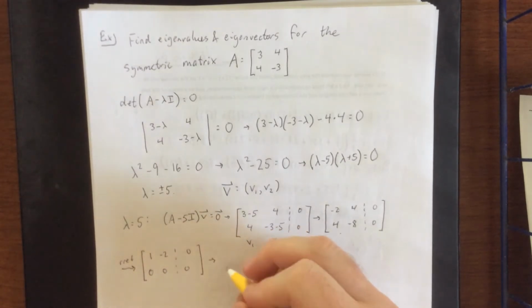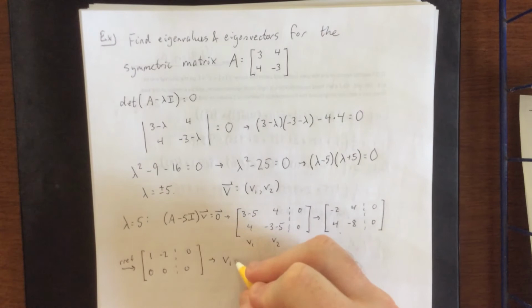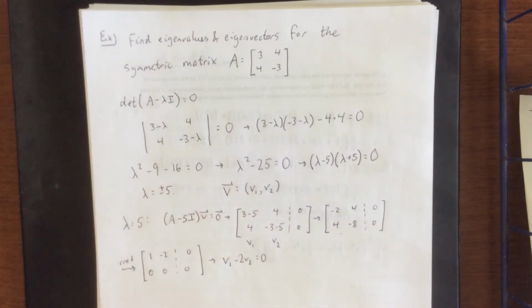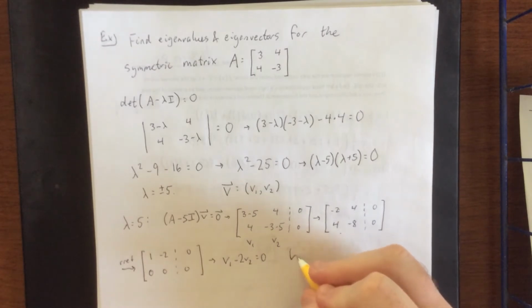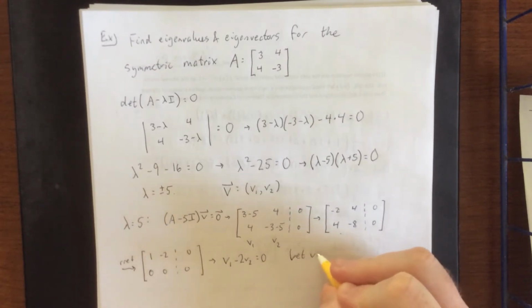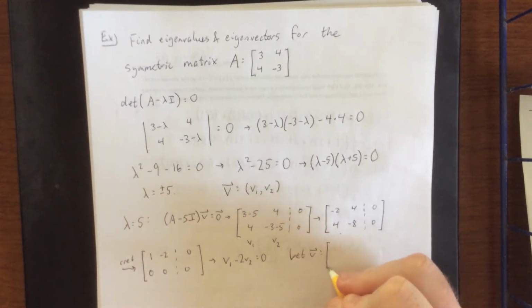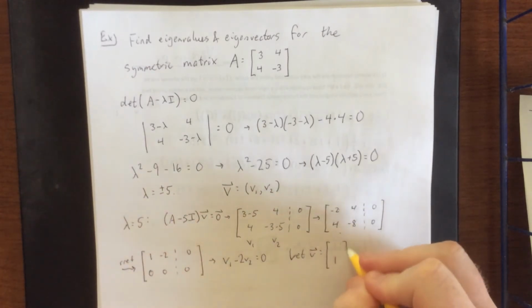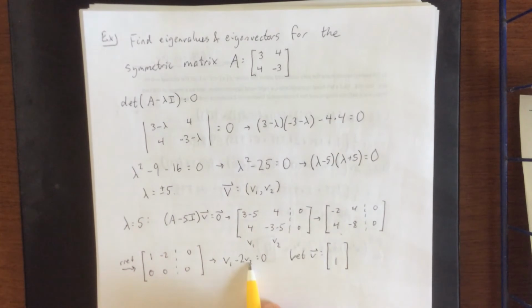To interpret this as an equation, this lets me know that V1 minus 2 V2 is equal to 0. So what I'm going to say is let V2 be equal to 1 for our free variable. If I plug in V2 equals 1, we'll get V1 minus 2 is equal to 0, therefore V1 would have to be equal to 2. Now, any multiple of this would still be considered an eigenvector and would still work out okay.